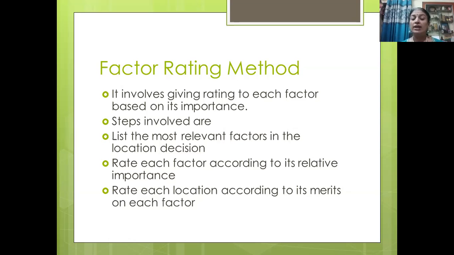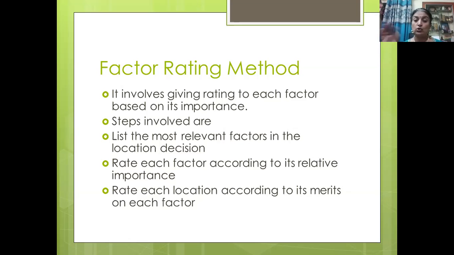Which are the relevant factors differs from individual to individual, therefore we have to decide for ourselves. Then we have to rate each factor according to its relative importance. The most important factor should be given the highest rating.